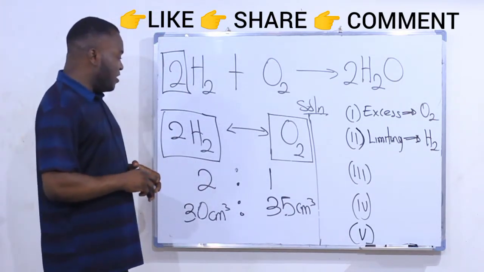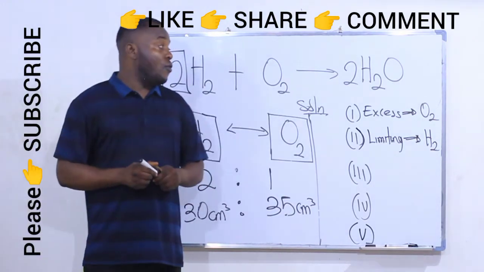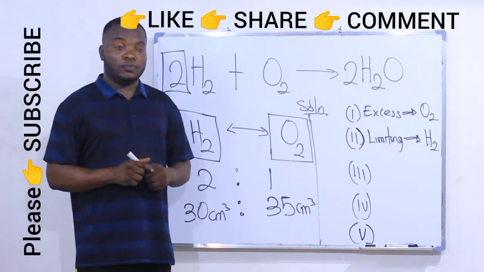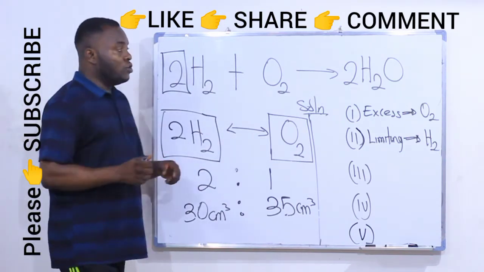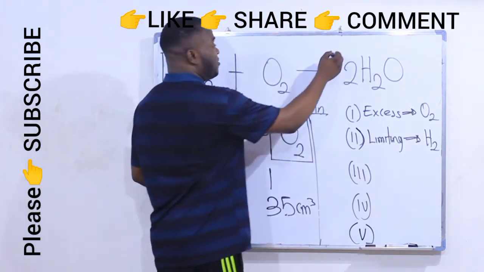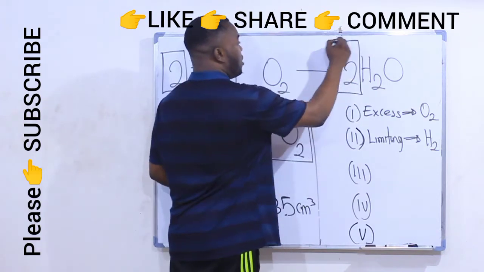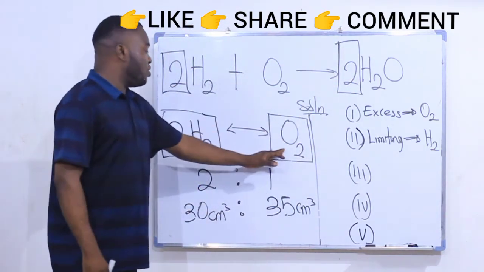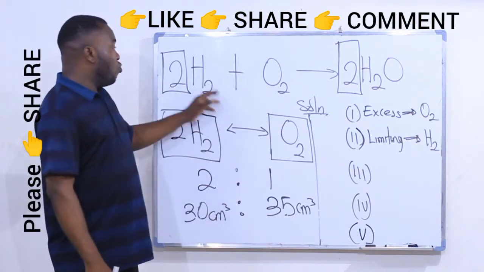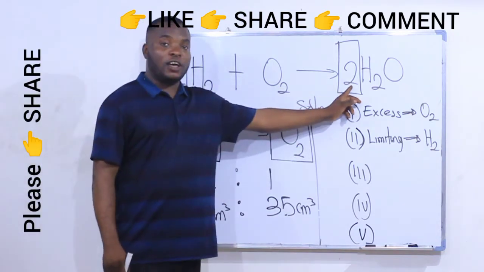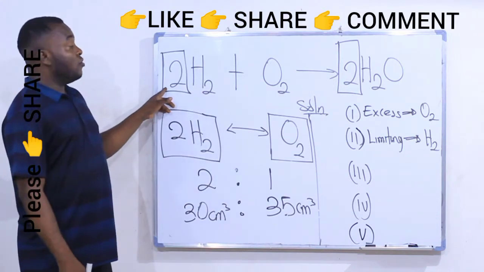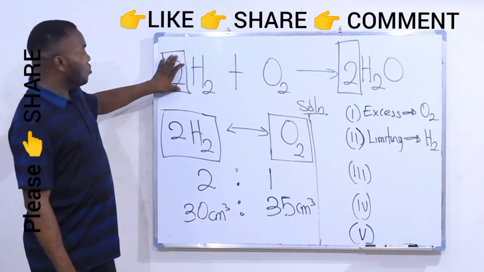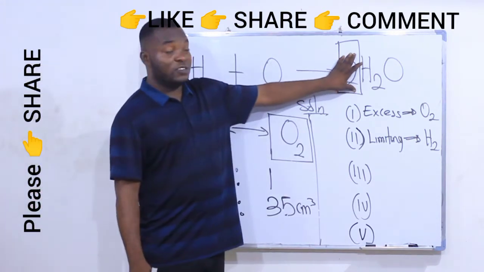Question number 3 says we should find the volume of water formed. How do we do that? You need to know the number of moles of water present in the balanced equation. In the water, I have 2 moles. Now ask yourself, among the 2 reactants you already have their volumes, which of them has the same mole with water? It is hydrogen. So hydrogen is 2, water is also 2 in terms of mole.